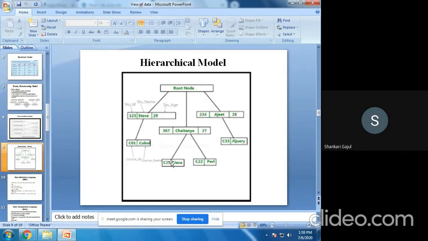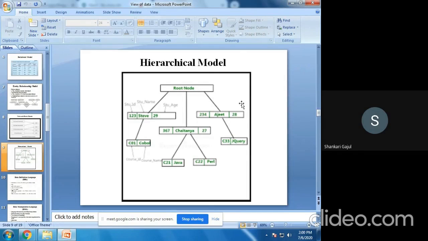So it is a collection of records, and the relationship can be represented via links, but it should be represented in a graphical, arbitrary graph format. And each field consists of one and only one data value. So this is the root node, this is the parent node, and these are the leaf nodes.